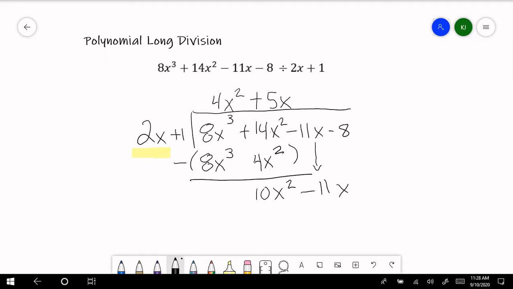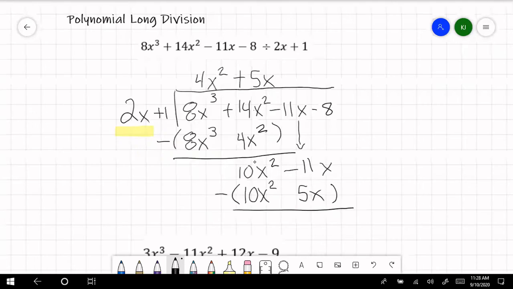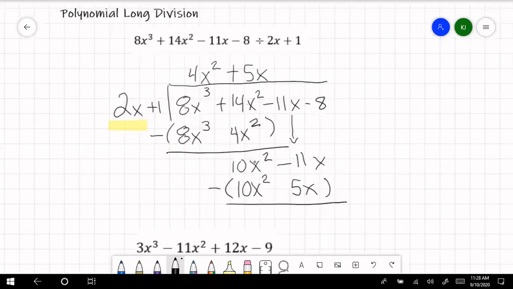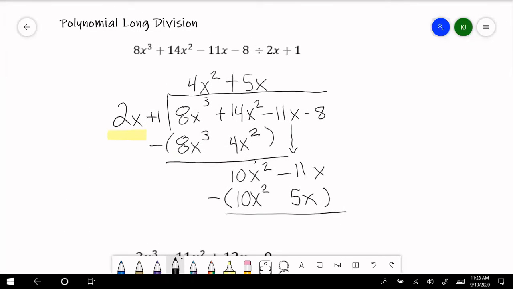So I'm going to take this 5x, and I'm going to multiply it to both things. 5x times 2x, that's our 10x squared. 5x times 1 is 5x. And then I'm going to subtract both of those pieces. 10x squared minus 10x squared, that goes away.